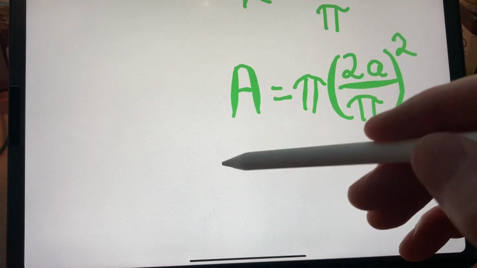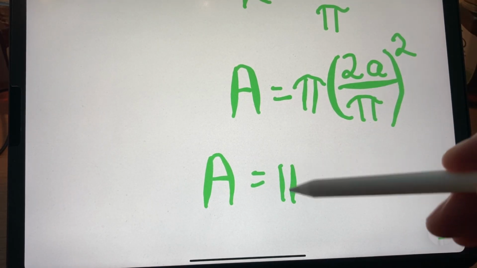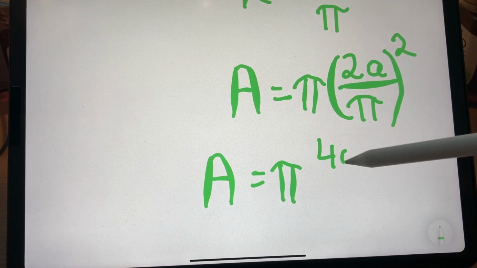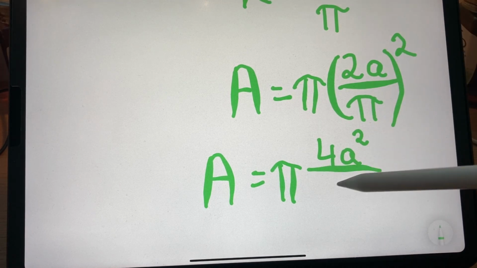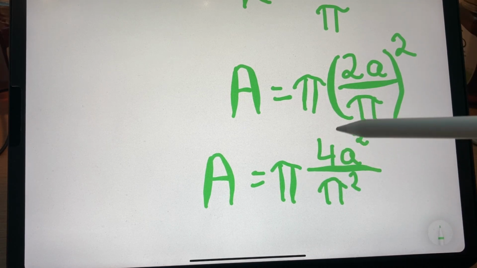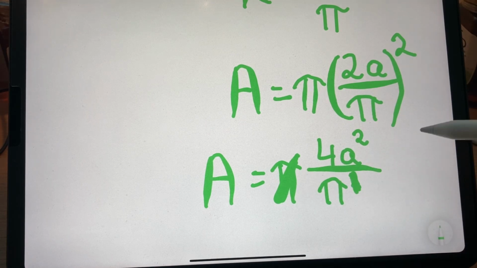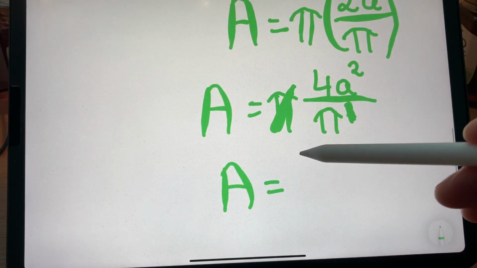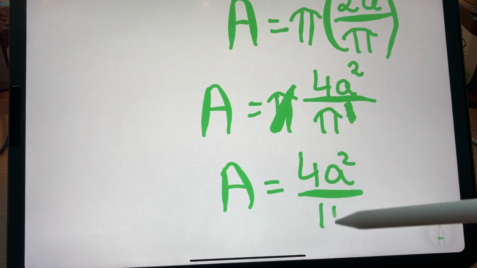So now it's very easy. If we square this out, that's going to be 4a squared divided by pi squared. But because the pi on top cancels one of the pi's on the bottom, we can strike that out and the square sign as well, which leaves us with 4a squared divided by pi.